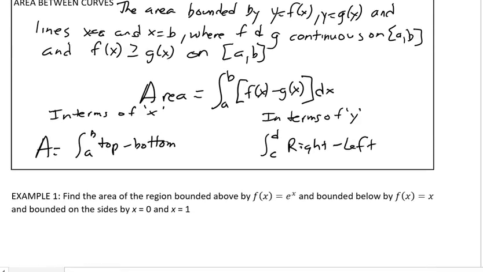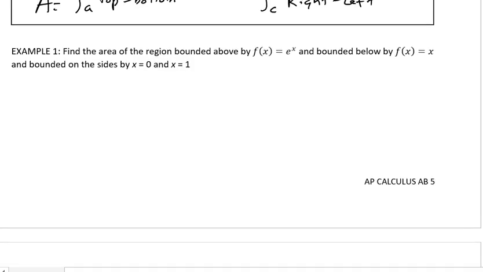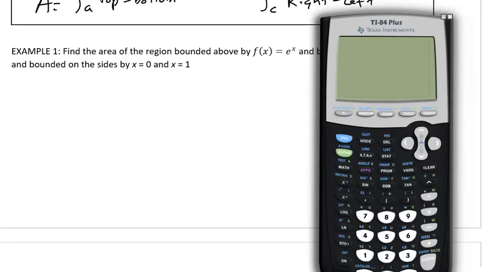Okay. Find the area of the region bounded above by f of x equals e to the x, bounded below by f of x equals x, and bounded on the sides by x equals 0 and x equals 1. Well, I want to sketch this graph. So I'm going to bring in my calculator and graph it so I can see what this looks like. I'm going to turn my plots off first of all.